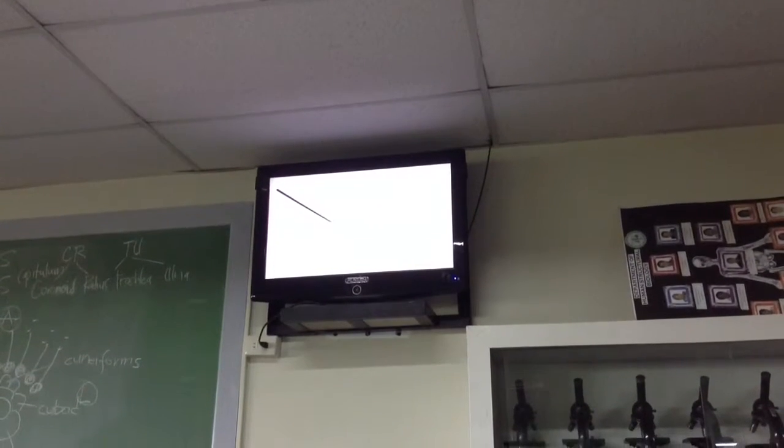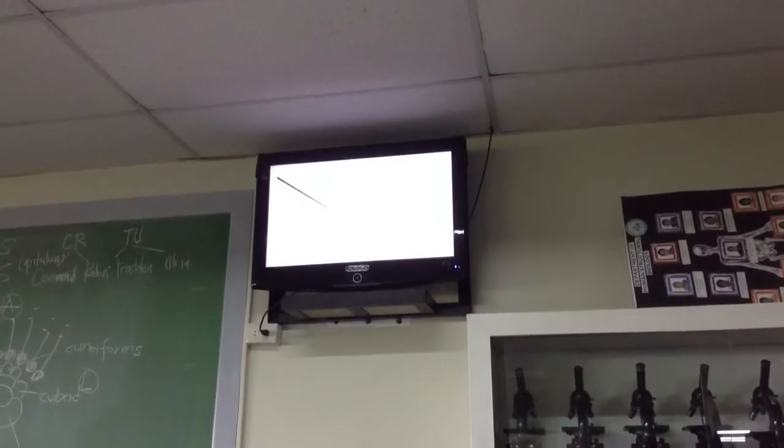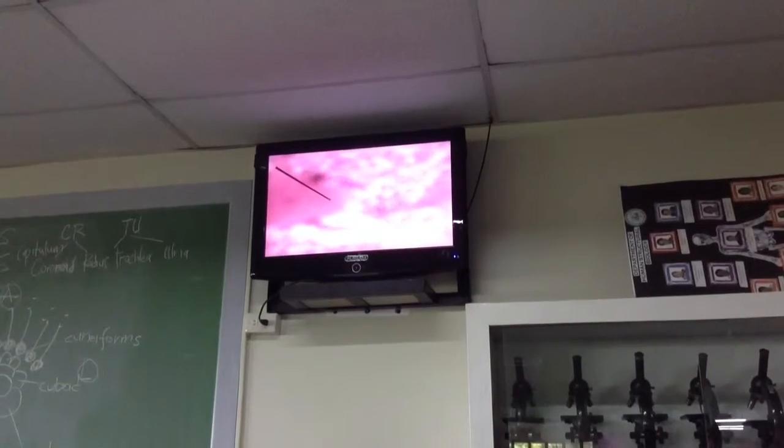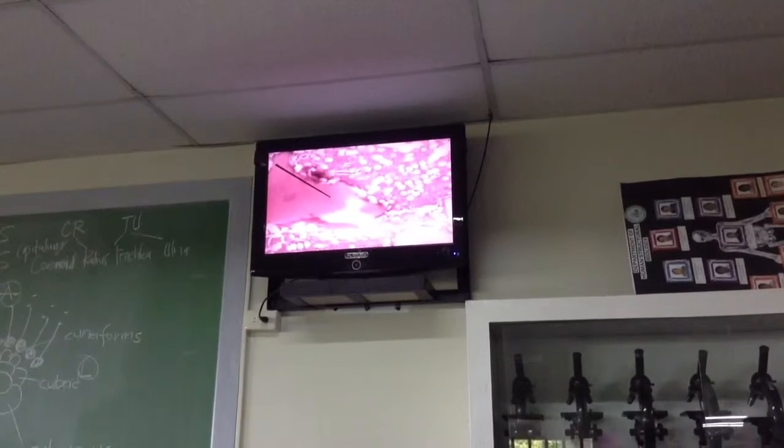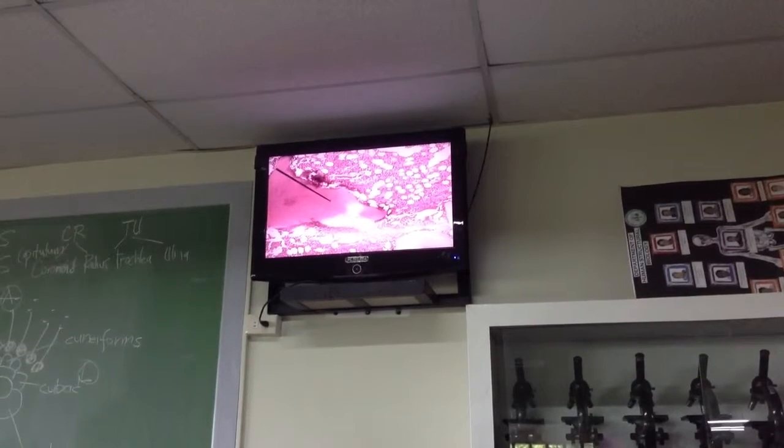The next slide is the spongy bone. Now, when you're looking at the spongy bone, be careful where you are supposed to look at. Kasi minsan mali ang focus ng estudyante. When you look at the spongy bone, this is what you're going to see at low power.